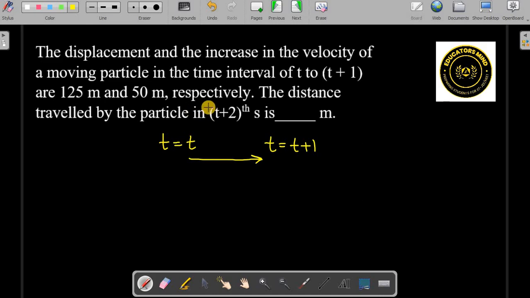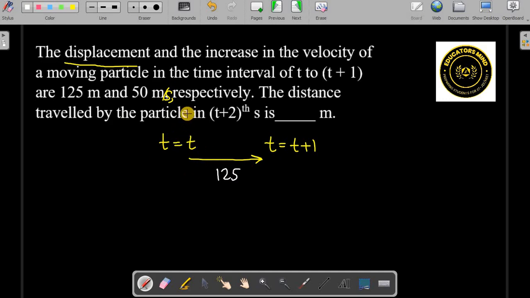In this interval, they have given 50 meter per second. I think since this is displacement and the increase in the velocity, it should be like meter per second, isn't it? Anyway, this displacement is 125.